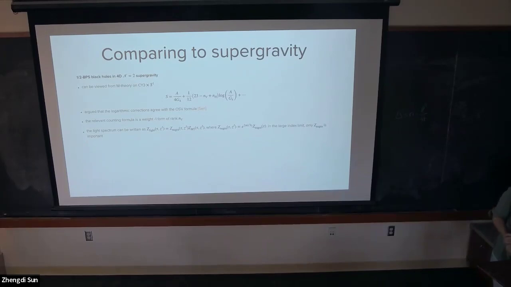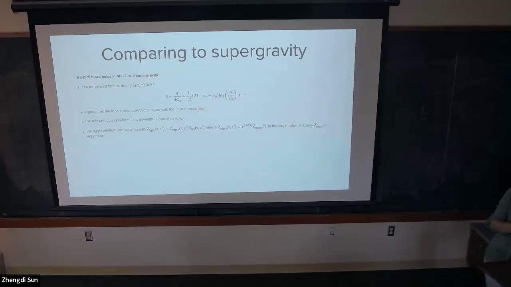And the light spectrum can be factorized into a contribution that comes from supergravity and a contribution that comes from non-perturbative M2 branes. And the supergravity part of that formula simplifies.